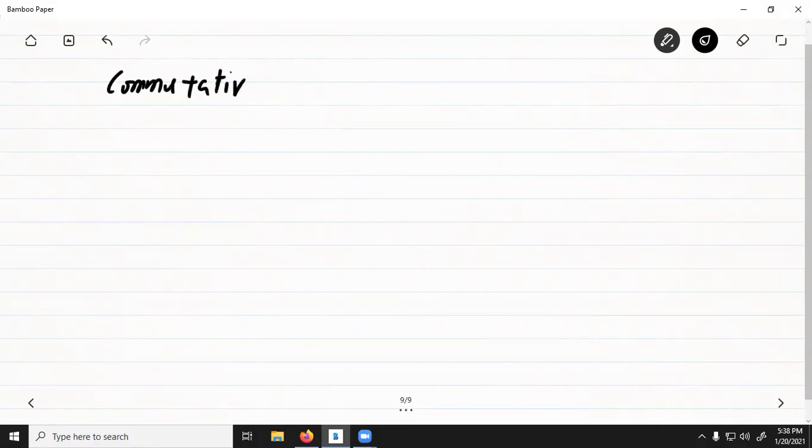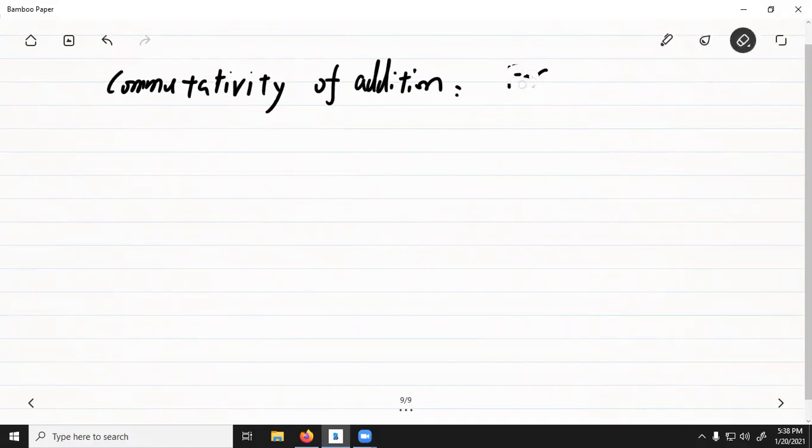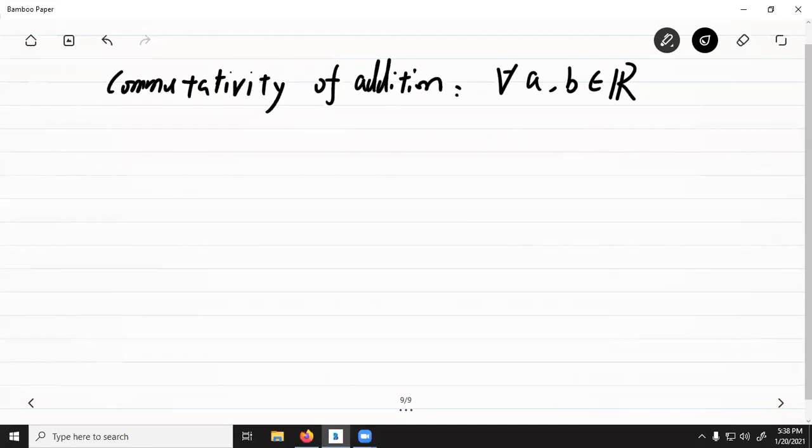Which means for any A and B in the real number set, A plus B is equal to B plus A. Okay, we just take it.